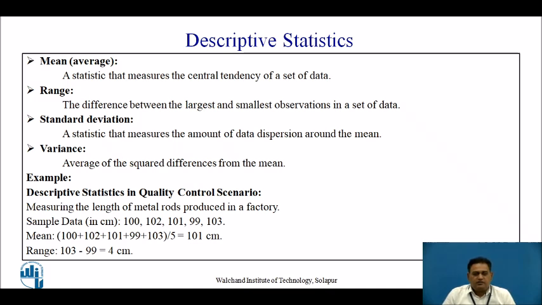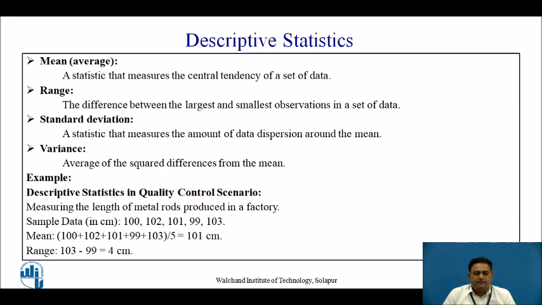The mean, that is also known as the average, is a statistic that measures the central tendency of a set of data. And the range is the difference between the largest and the smallest observation of the particular set of data.